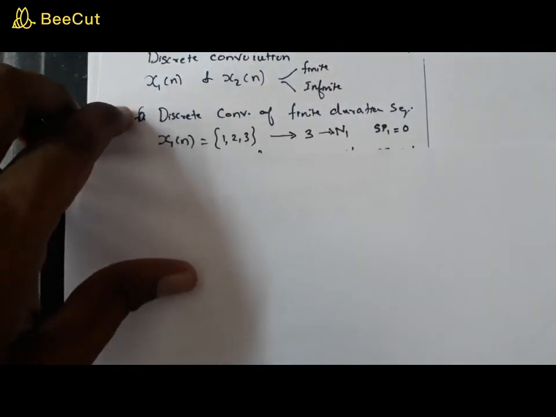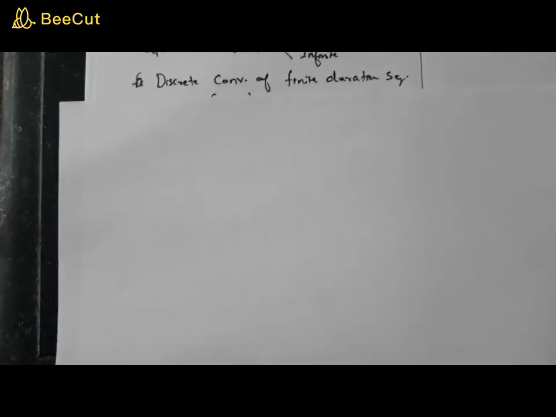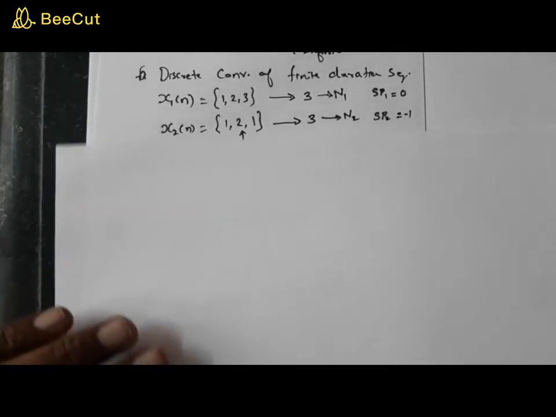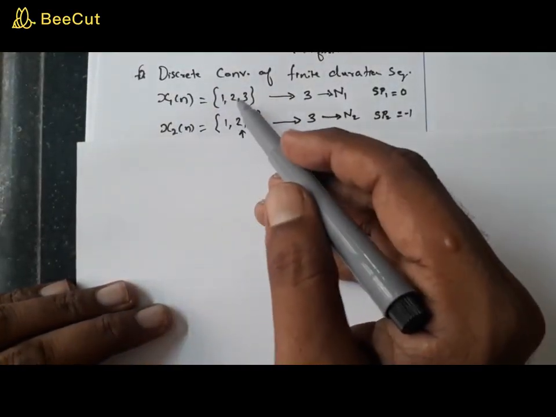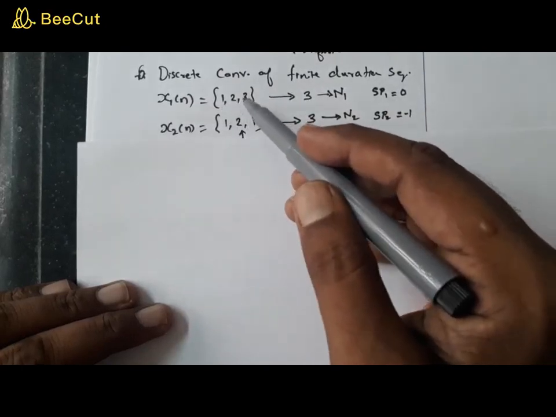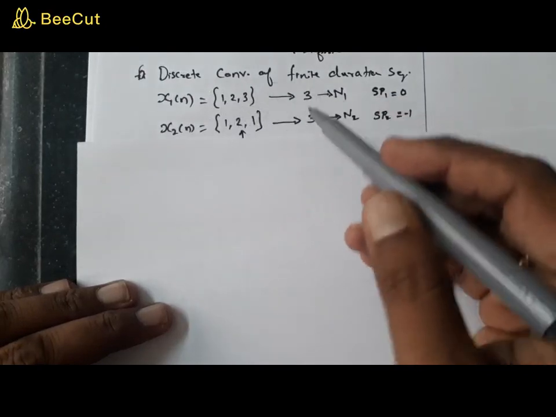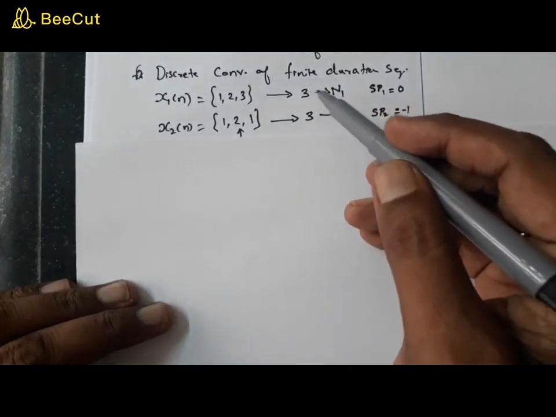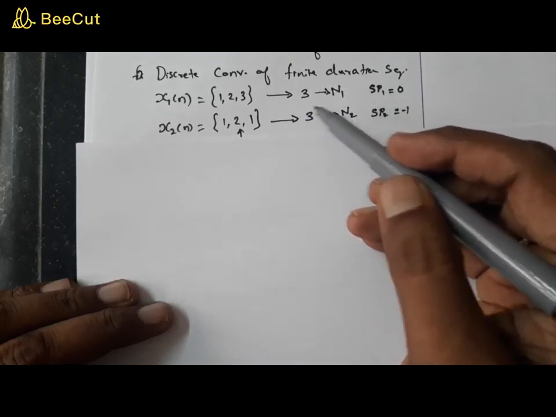Now I'll just have a recap of what finite duration sequence is. I've given these two examples, x1 of n and x2 of n, which are 1 2 3 and 1 2 1. Looking at this, the similarity between these two signals is that both have the same number of samples, that is 3. We are designating the number of samples as n1 and n2 respectively.